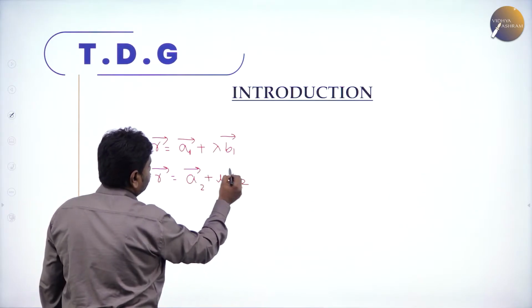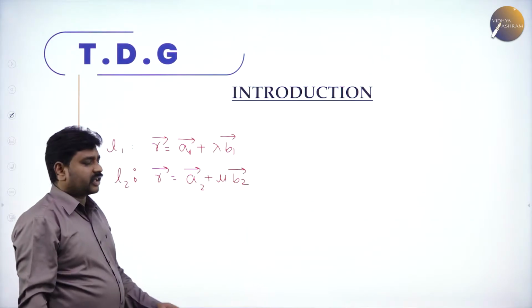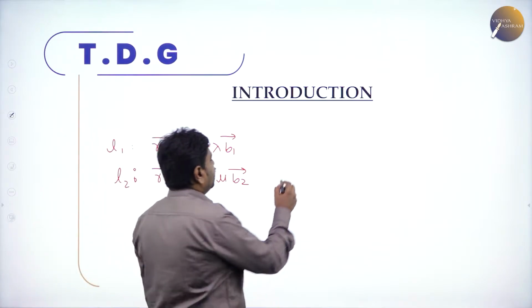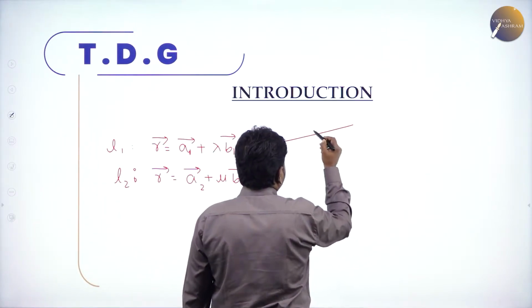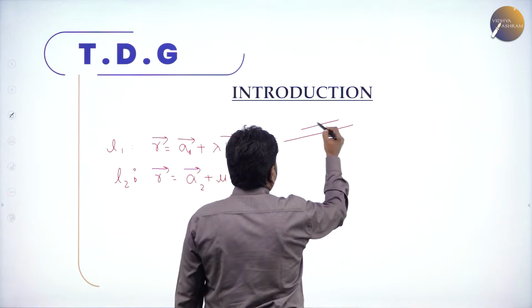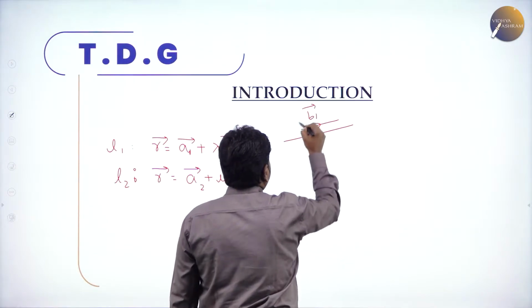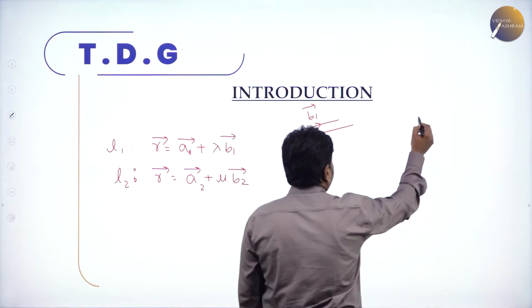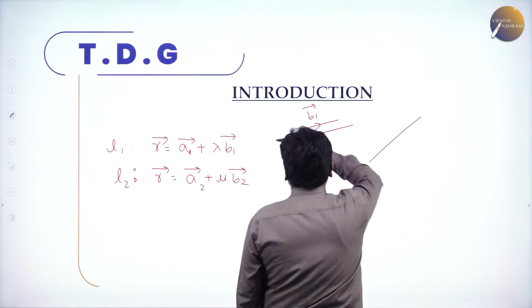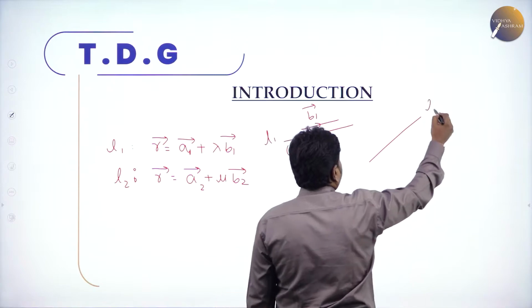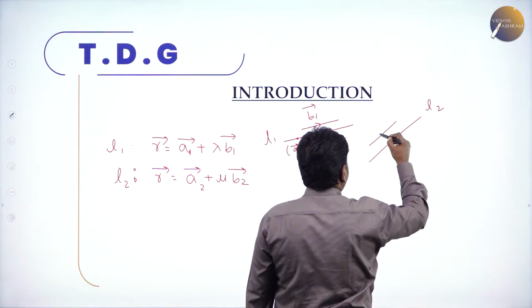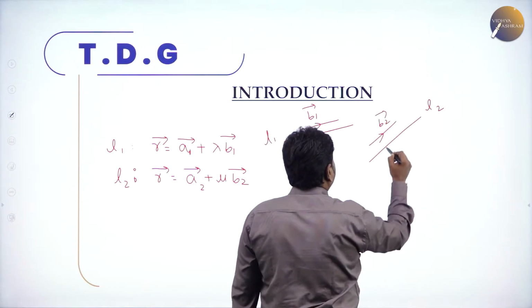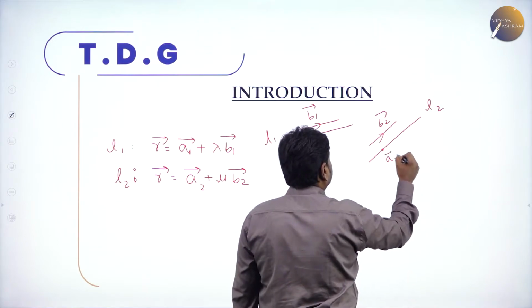So I've taken two lines and both are in vector forms. If I take the first line, and its parallel vector B1, and a point on it having position vector A1. Now I'll take another line, this is line L2, this is line L1, and it will have a parallel vector B2 and position vector A2.